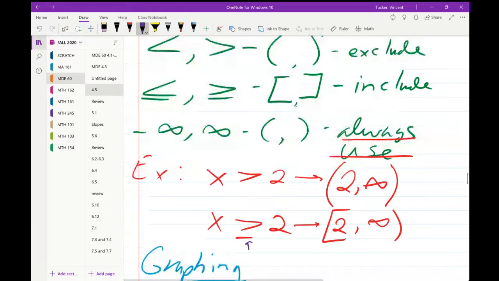Here, because we have the or equal to symbol, we're going to use a bracket, but we still use parentheses on that infinity sign.